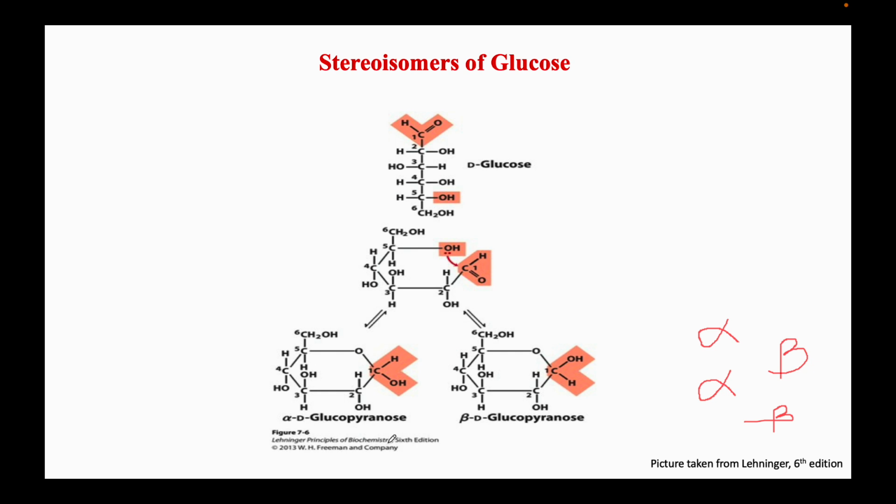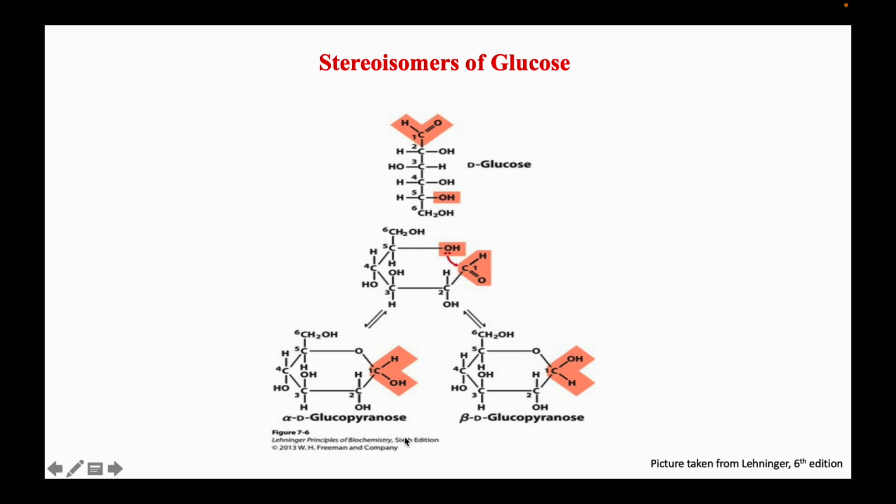You cannot say that alpha D glucopyranose and beta D glucopyranose are the same. These are two completely different structures, and our body recognizes them as completely different. So this is beta D glucose.